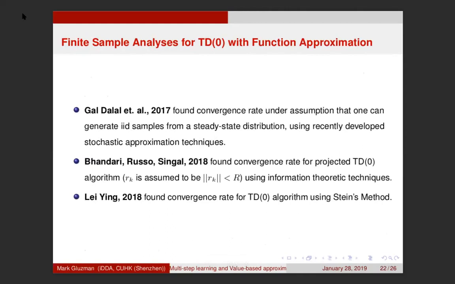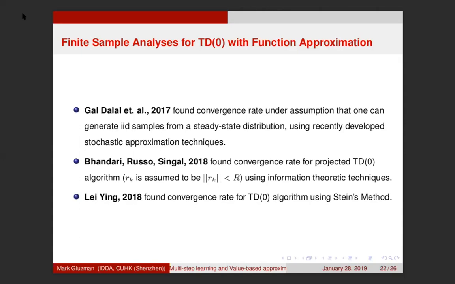No, IID samples from the steady state distribution were assumed only for the first paper. For the second paper, they didn't assume that. They followed the classic TD0 algorithm, so starting from any state, we run our algorithm. But the point is that they still had to assume that they can use a projection that is not used in the original TD0 algorithm.